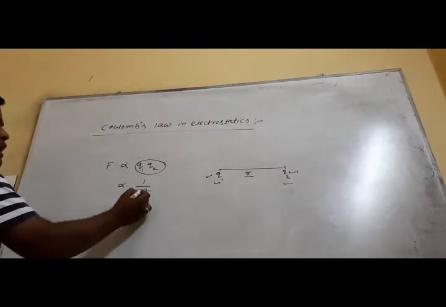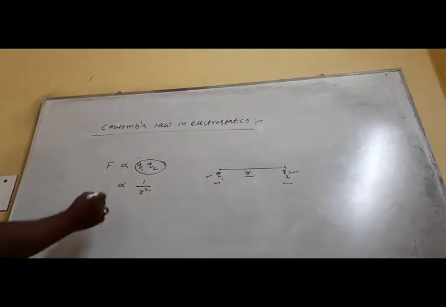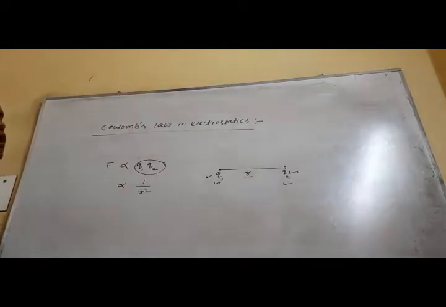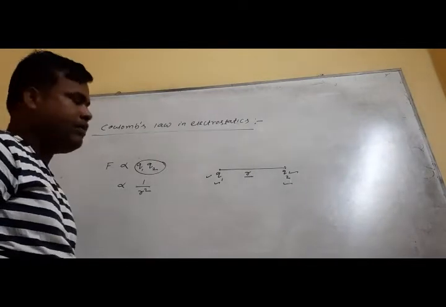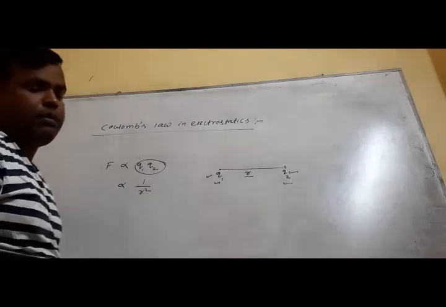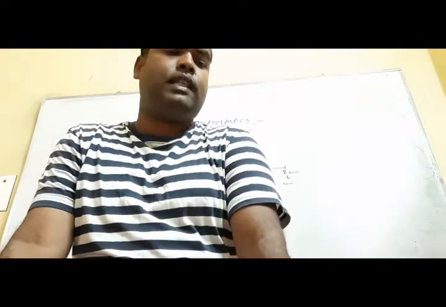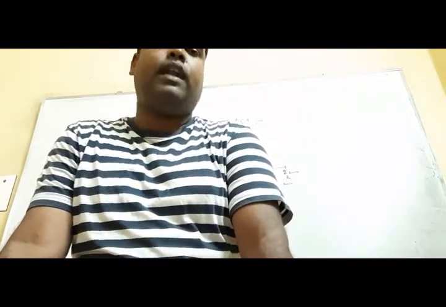We have to take the square of this distance R, that is R square, so F is proportional to 1 by R square. As it is inversely proportional to the square of the distance, it is called the inverse square law. Coulomb's law is called the inverse square law.